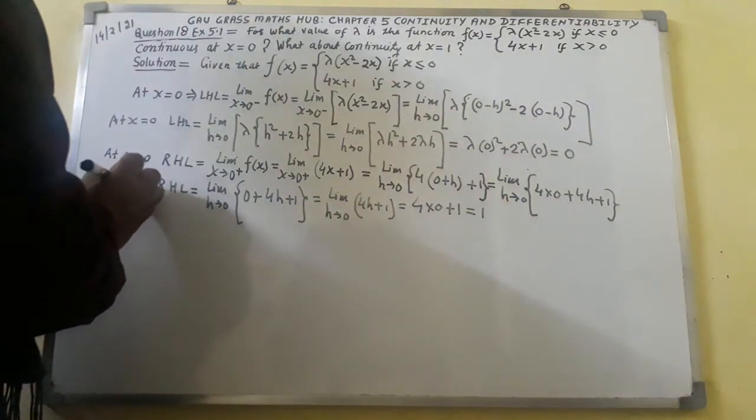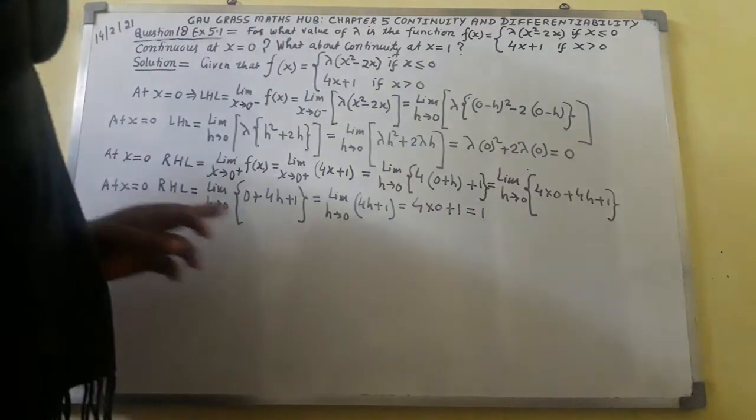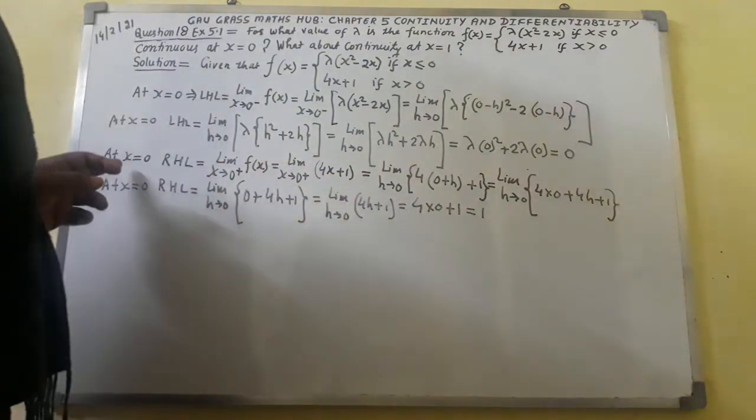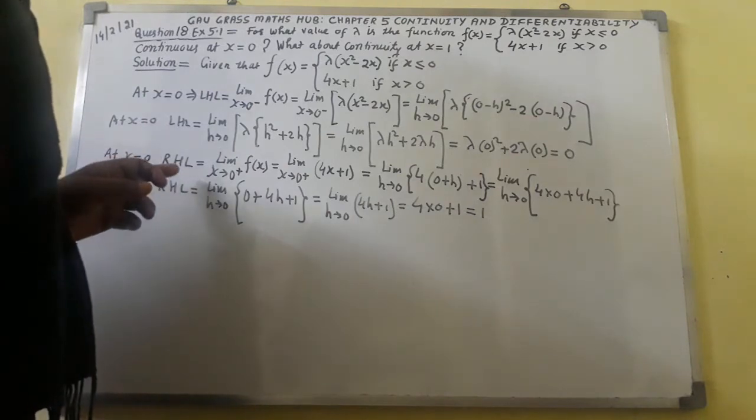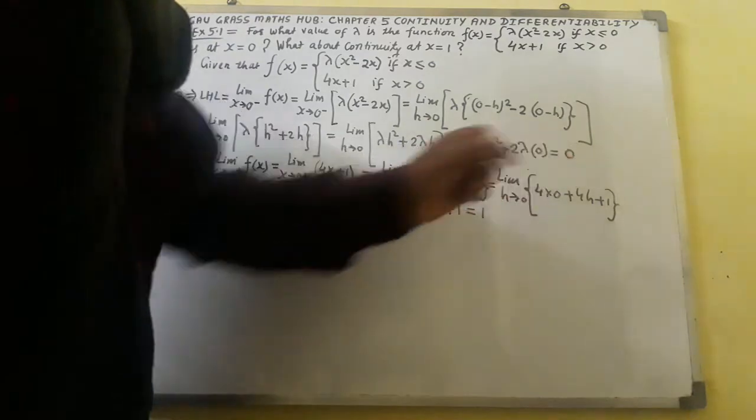At x equal to 0, the right hand limit you have got is 1, and at x equal to 0, the left hand limit you have got is 0.